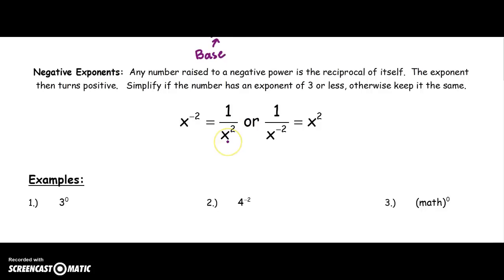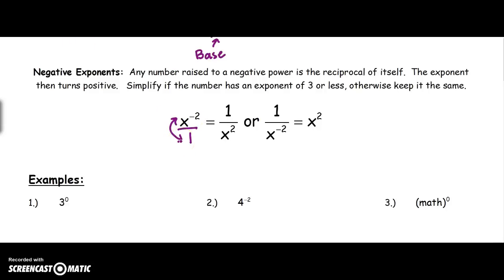The second rule we're going to talk about is negative exponents. So if you have a number or a variable raised to a negative power, so here you have your base x, and the exponent is -2, that is the reciprocal of itself. So what you do is, since this is x to the -2, we can go ahead and put this over 1. The reciprocal means you're going to flip them.